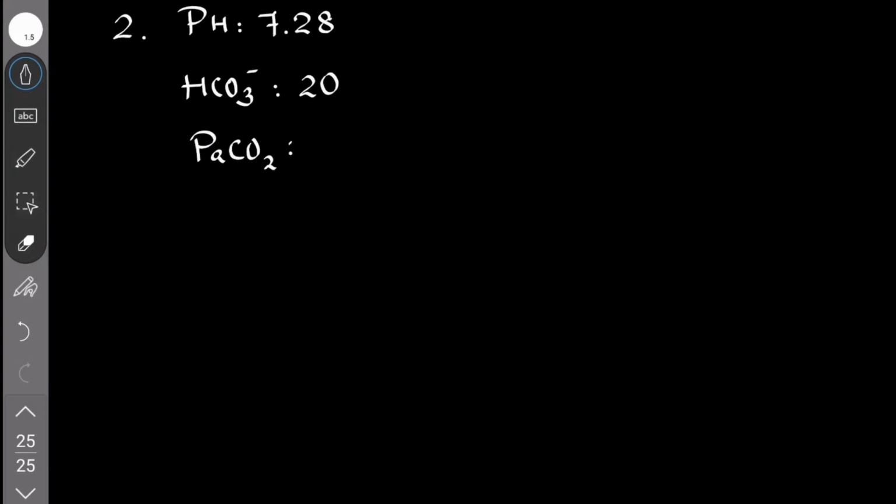Next, we see the pH is 7.28. The bicarbonate is 20. The PaCO2 is 15. You see here, the pH has decreased. The bicarbonate has decreased. The PaCO2 has decreased. So it is a metabolic disorder.